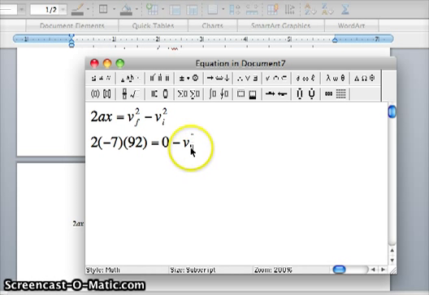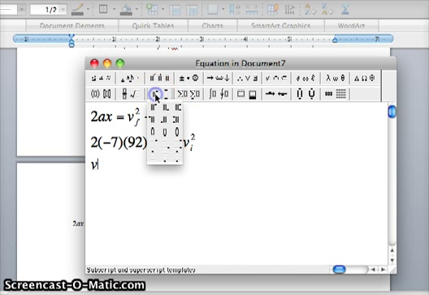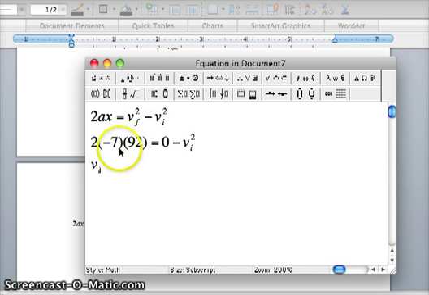So v initial, if we rearrange things a little bit, since you've got negatives on both sides of the equation, is going to be equal to the square root of 2 times 7 times 92.